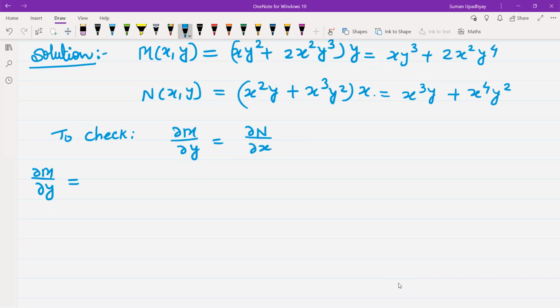So in xy³, what is constant? Hello, am I audible? Yes ma'am. So answer, in xy³, what is constant? x is constant. You're differentiating it with respect to y.